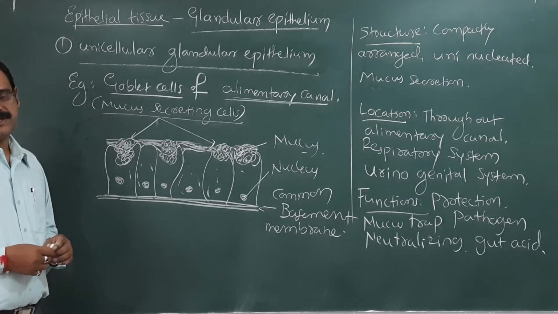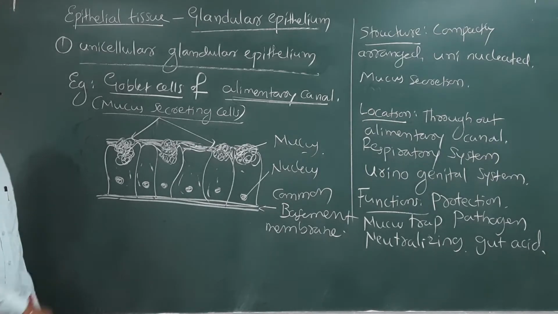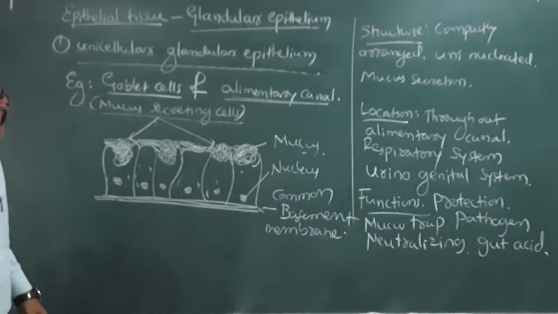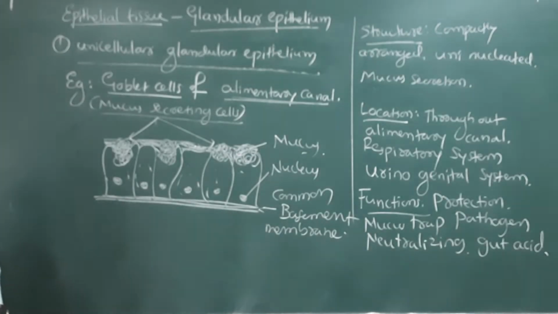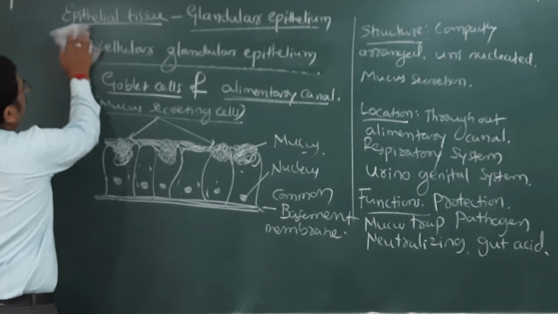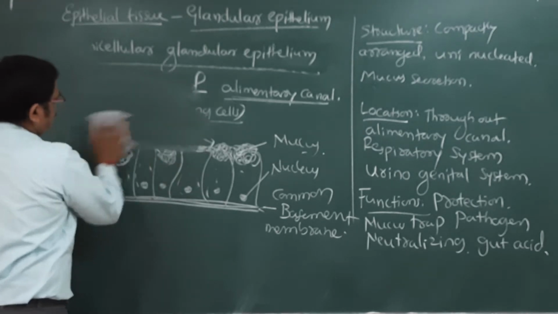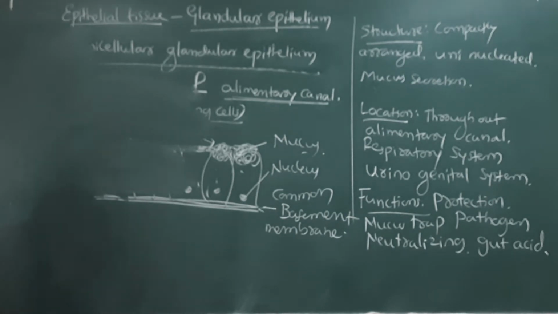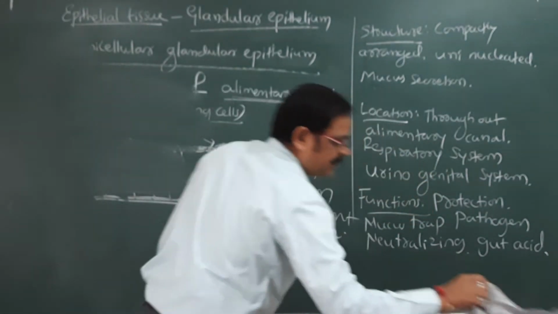This is all we talk about regarding epithelial tissue, especially when it is modified as unicellular glandular epithelium. Well, we need to understand the next category of epithelium. It is again glandular epithelium, but multicellular glandular epithelium, which we will discuss now.